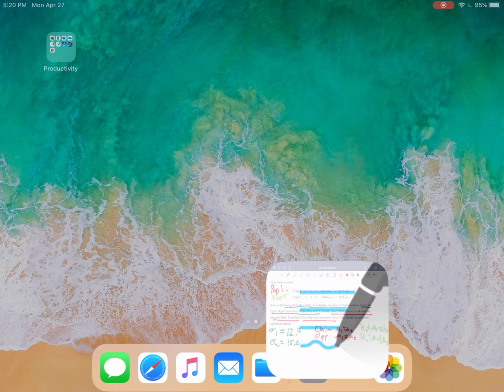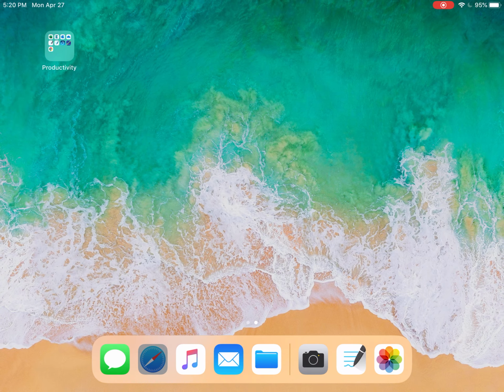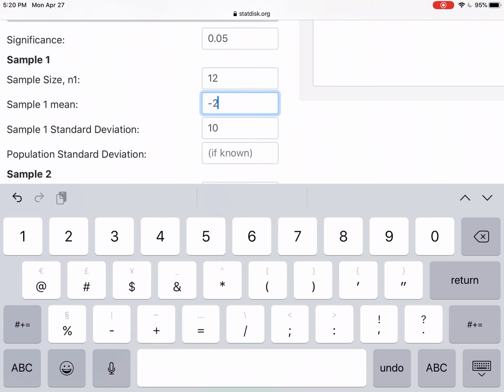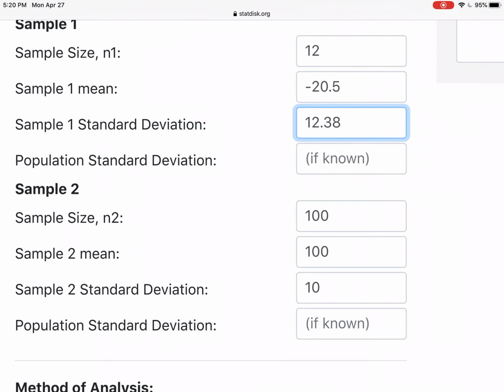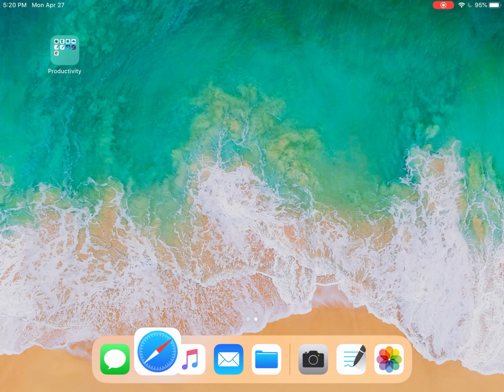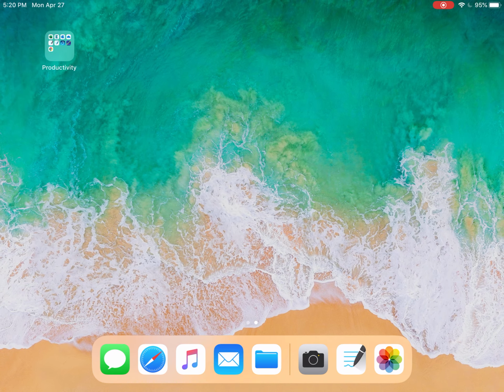So for 1, we have negative 20.5 and 12.38. Then population standard deviation, that extra piece of information, was given to us here. We were told 12.4 was our population standard deviation. Among all flights, the standard deviation is 12.4.